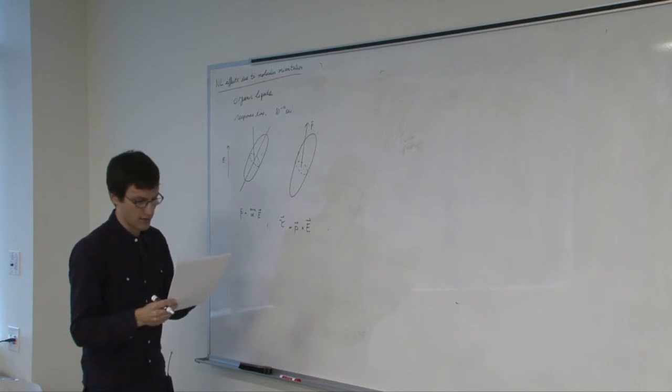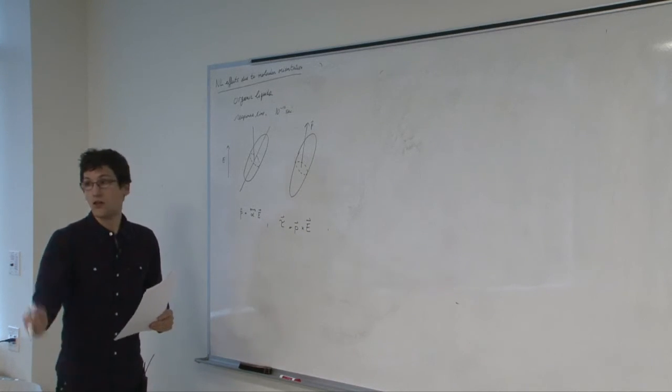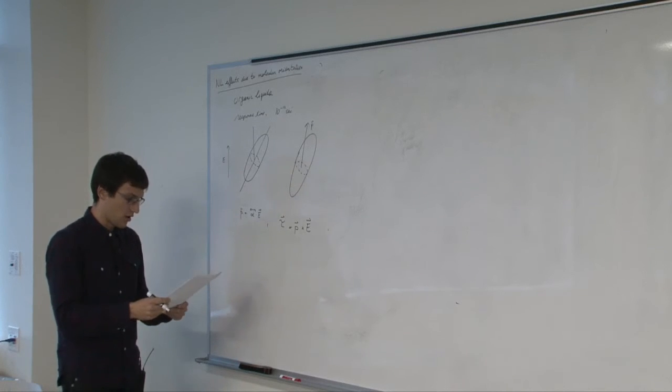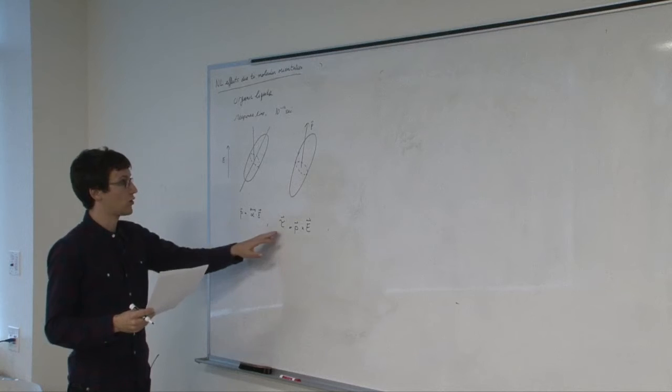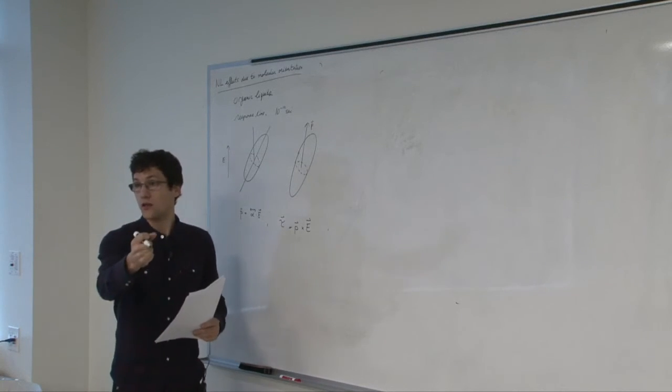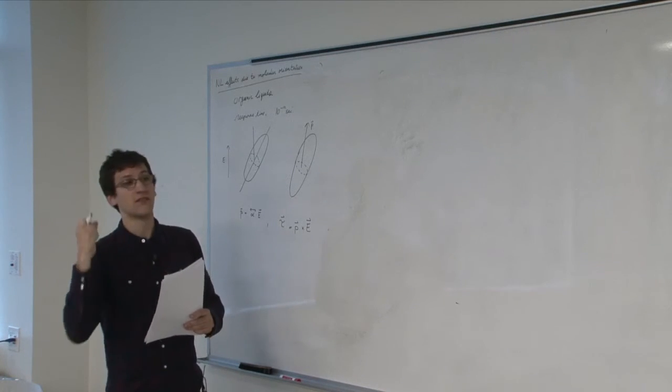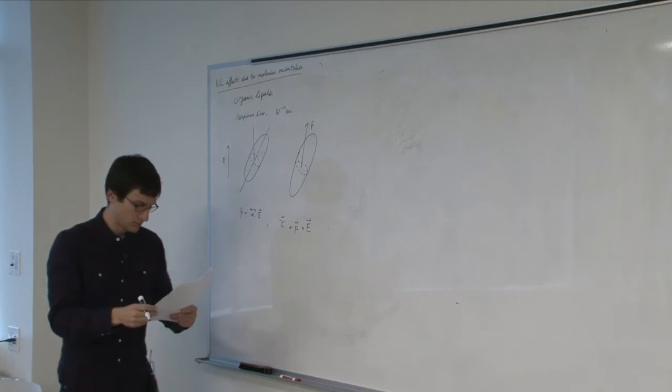So P times the electric field. This is a vectorial product. You are all familiar with these kinds of equations, I'm sure. And so this torque will tend to align the molecule in the same direction as the electric field.